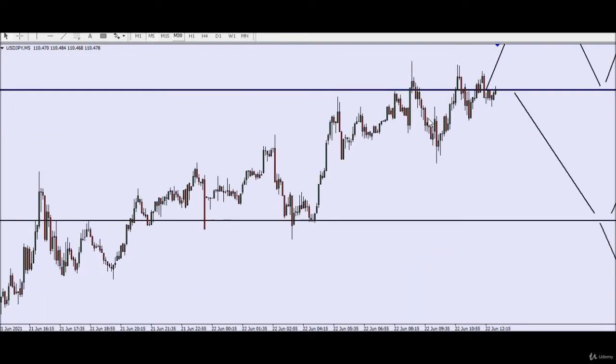This is the 5-minute time frame. As you can see, these fake breakouts, now it can become a real break of this line.